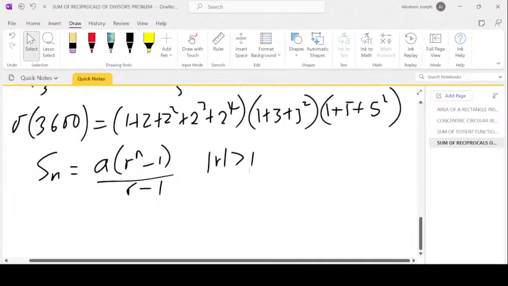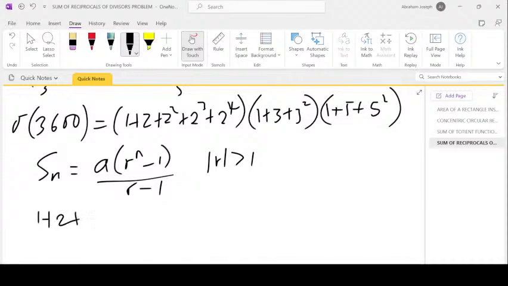So what we're now saying is that instead of just adding this 1 plus 2 using the normal way, we can just use our GP formula, the sum of a GP. So our A is 2, our R is the common ratio, so our R is also 2.